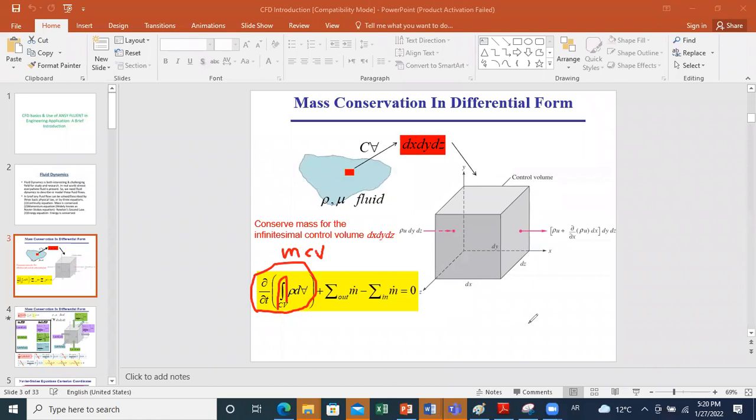So I can say that I am working on an elementary mass dm, and this small mass is just rho times elementary volume dv. If I consider a cubical element, I select dx, dy, dz equal to a very small number tending to 0. And the elementary volume dv is dx times dy times dz.